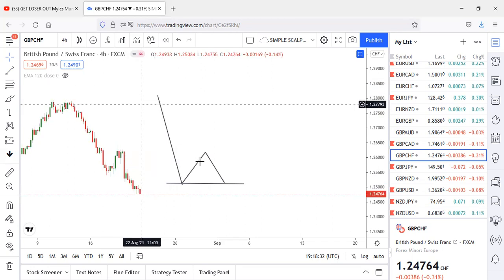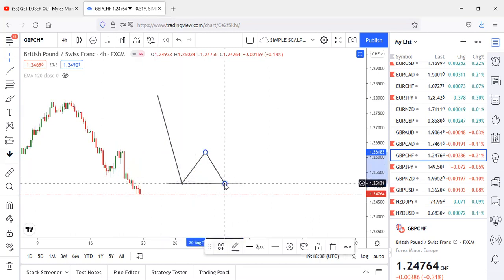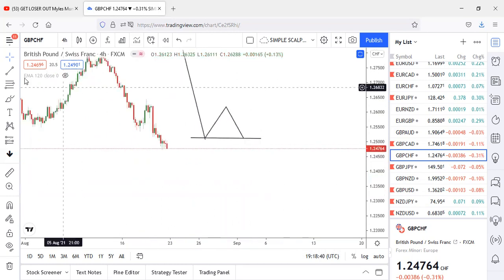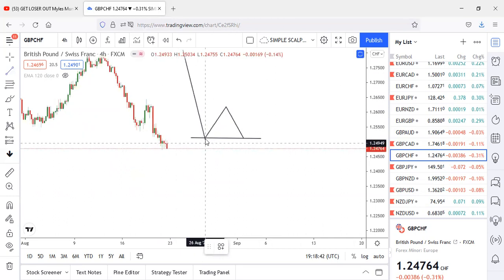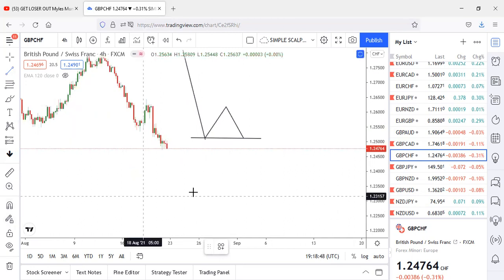Now this is it. Let's say we have a double bottom already. Price is already here. Now price is creating a lower low in the case of a downtrend.